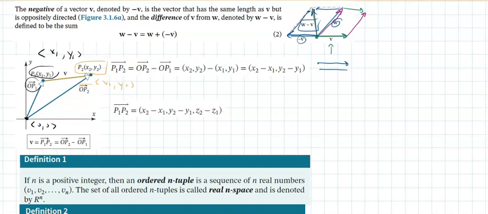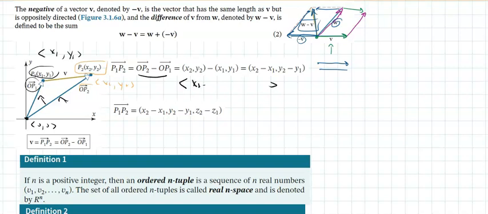If I take 2 vectors and subtract them, I'm going from OP2 to OP1. So we're subtracting this vector from this vector. Then you simply take the components and subtract them.